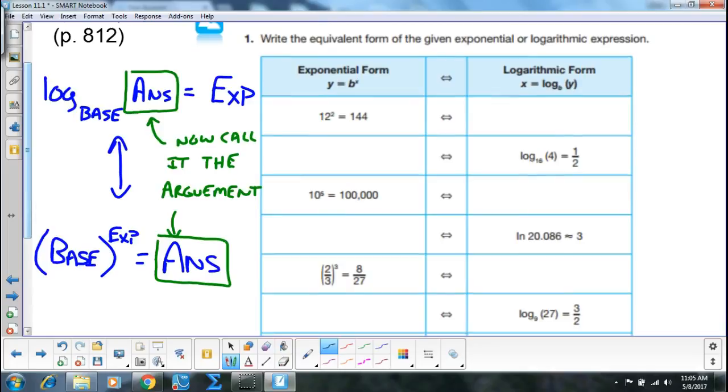Okay? So what does the logarithmic form start with? Log. Okay.